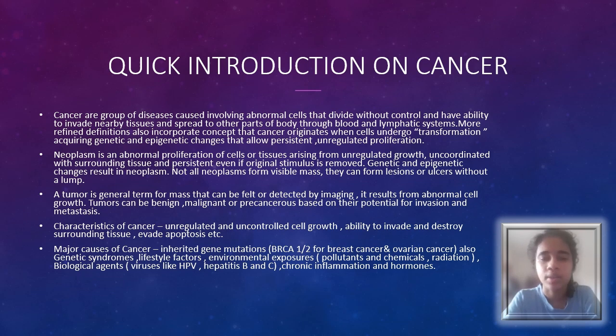The causes of neoplasm are genetic and epigenetic changes. Neoplasms are not always visible. Then you have a tumor, which is the visible mass of cells which is felt or detected, for example in cancer diagnosis.